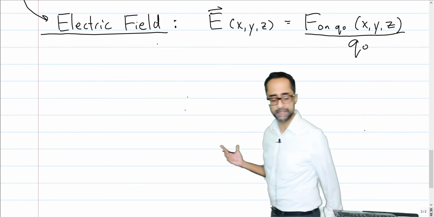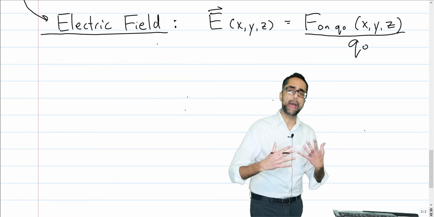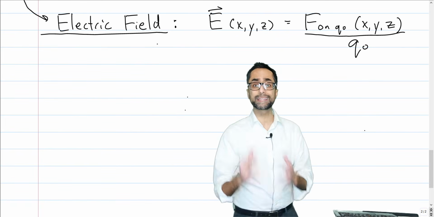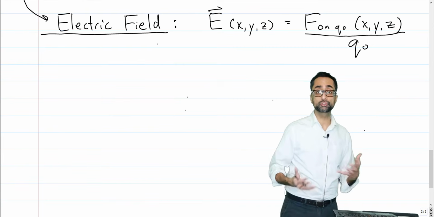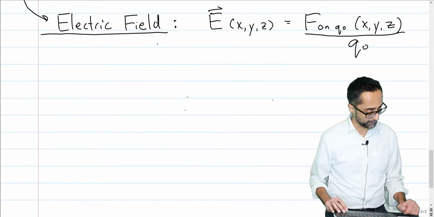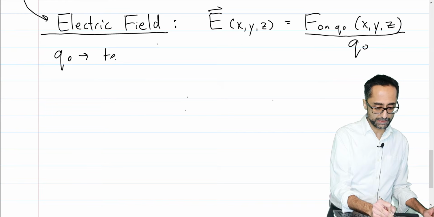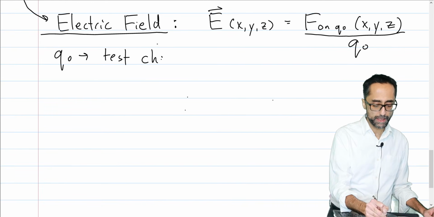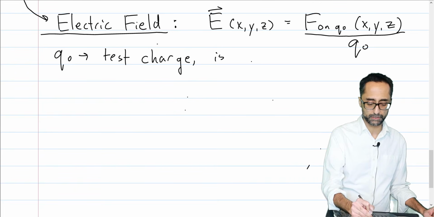This equation is very unsatisfying. I put it there because it helps us understand how electric field and forces relate to one another, but it's not the equation I'm going to be using most of the time when I'm calculating electric field. But it's getting close. Q naught, as I said, is our test charge. And when you're doing test charges, you always make them positive. It's just a convention.